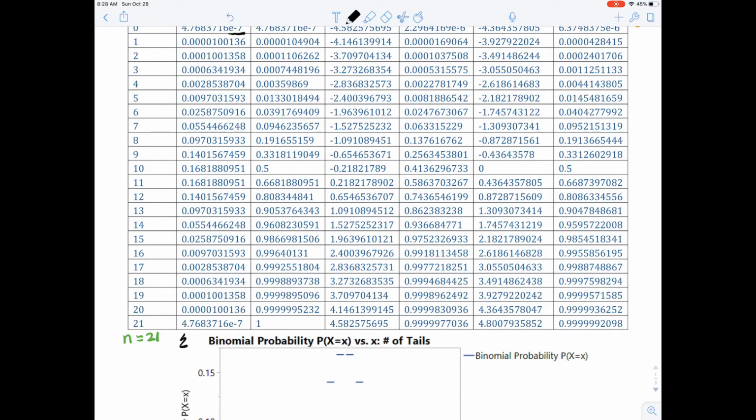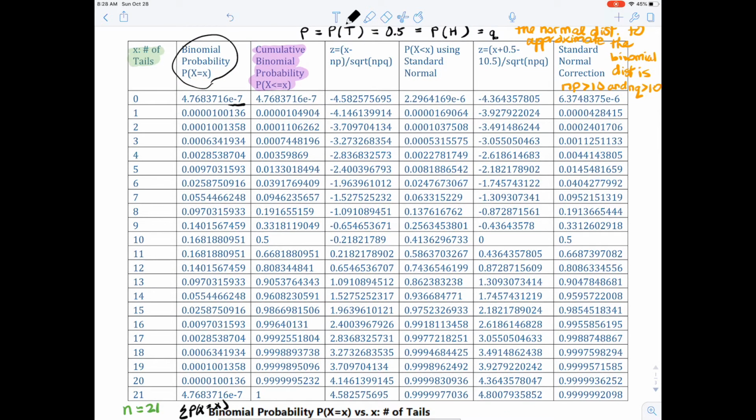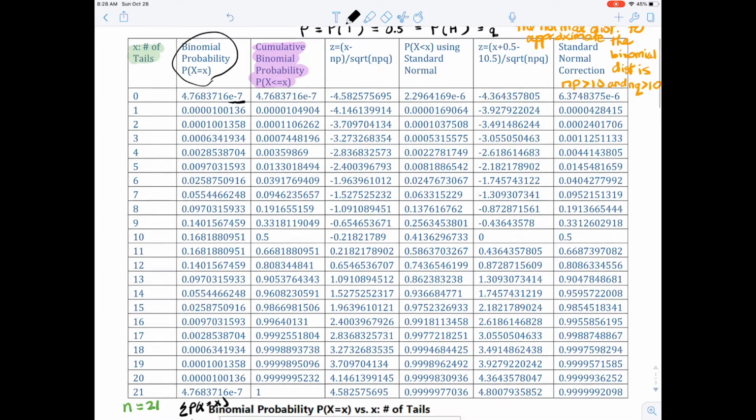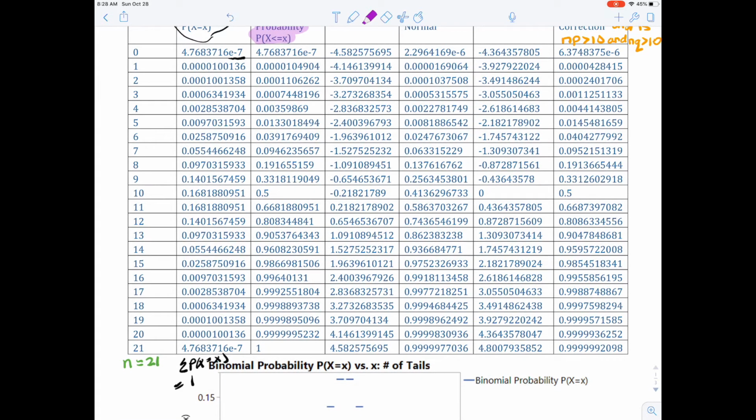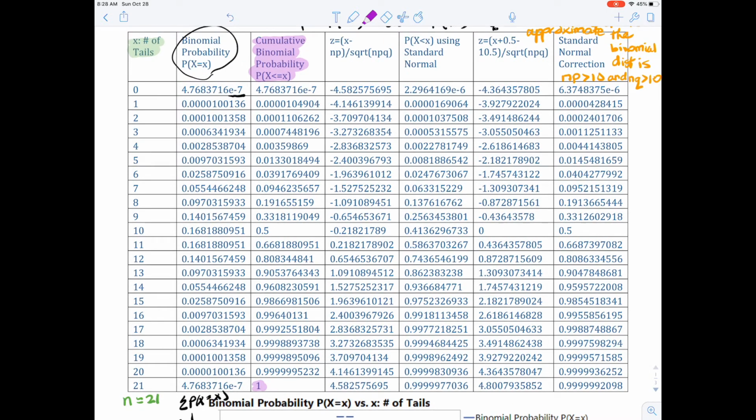So the summation of all the probabilities for x has to be 1. This is illustrated in the next column because it gives you the cumulative, so it adds each successive probability to the one before. And as you notice, we end up getting a sum of 1. So all is good.